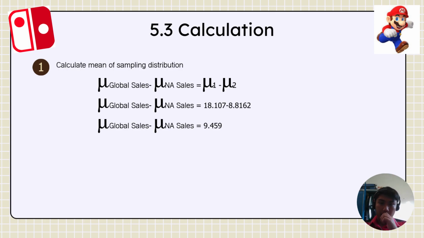The symbol for mean is mu. You can see it is not u, it is the mu symbol. The formula states that we must subtract the mean for NA sales from the mean for global sales to get 9.459.